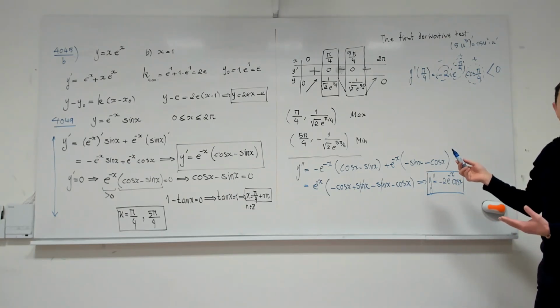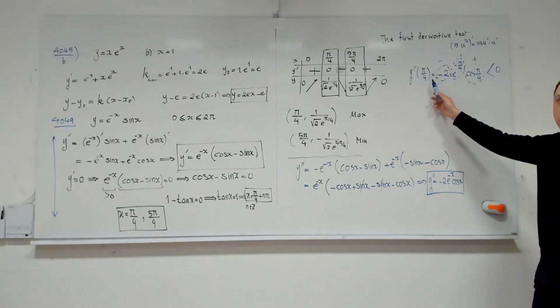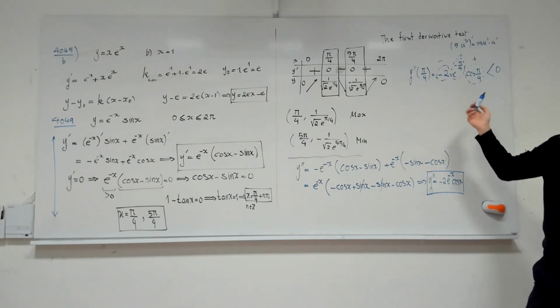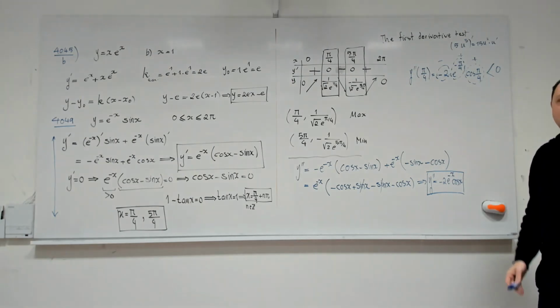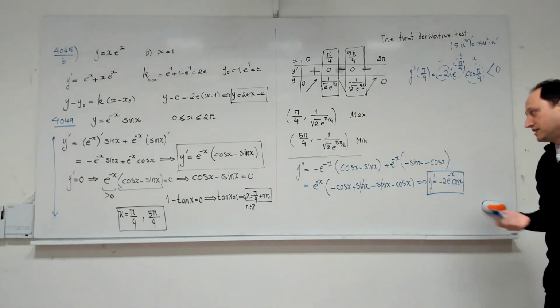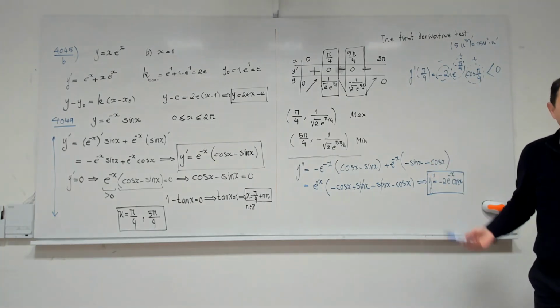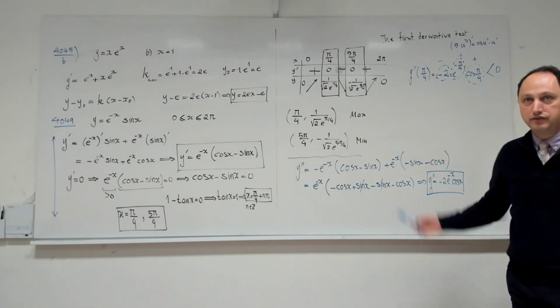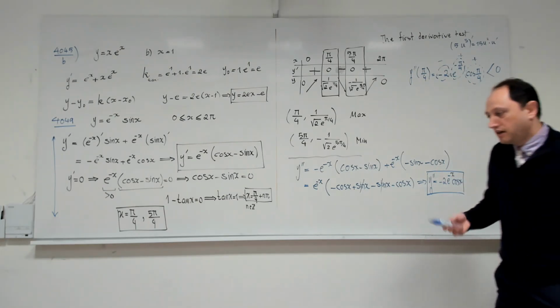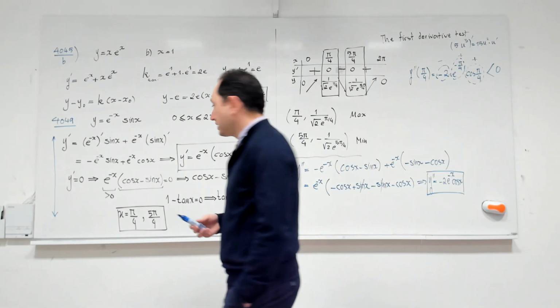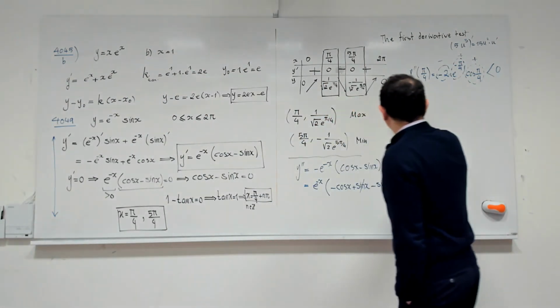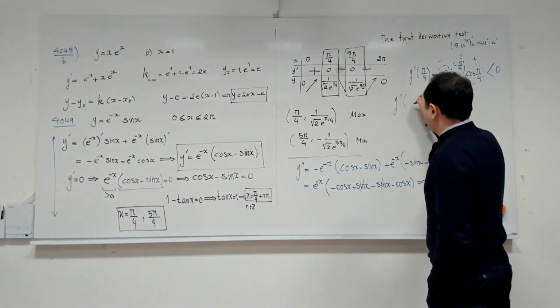This can sometimes happen. When you calculate the second derivative, it becomes 0. When it becomes 0, everything is possible. So this means that you have spent a little bit of time in calculating the second derivative, but for that point it is useless. You have to go back to the first derivative test. So then, of course, you have to decide which one is suitable for you. So then I calculate the second derivative for 5 pi over 4.